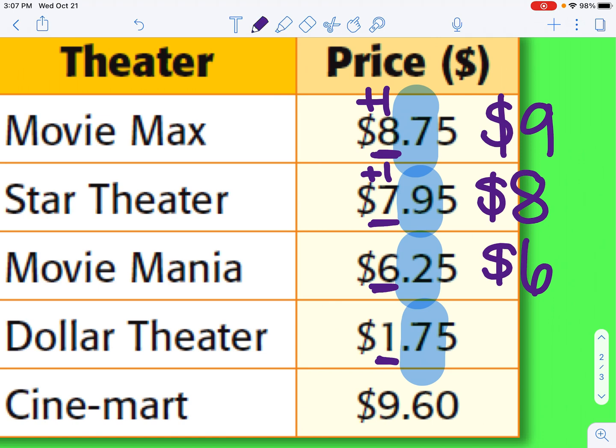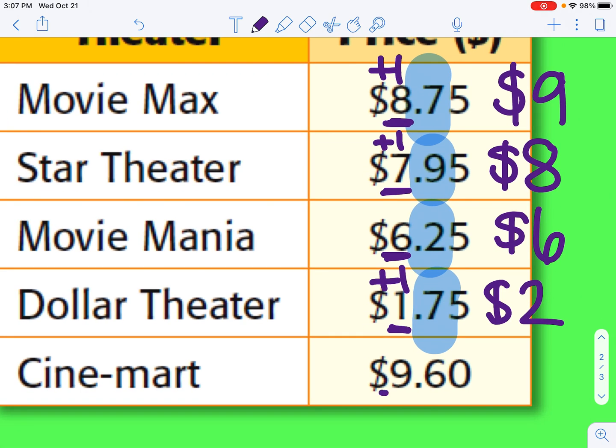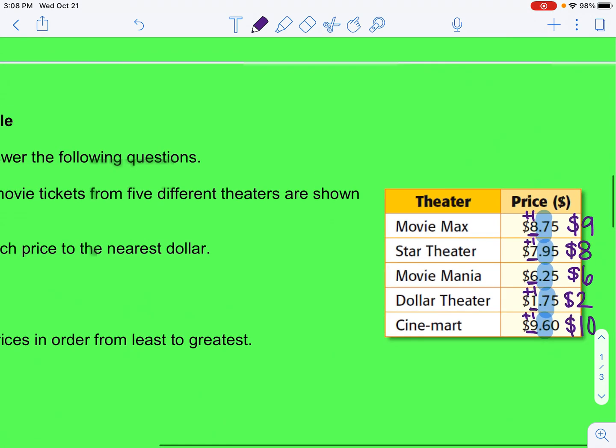That 7 is more than 5, so that changes my $1 to $2. And my last one, Cinemark. I underline my 9 and I highlight my 6. That 6 is more than 5, so it's adding 1 to my 9, which makes it $10.